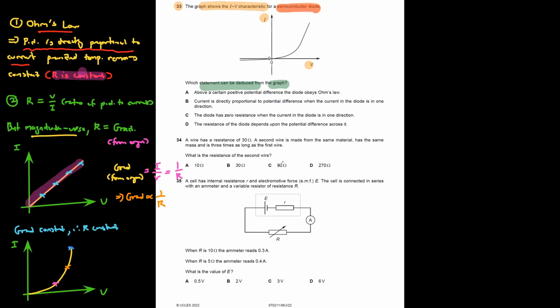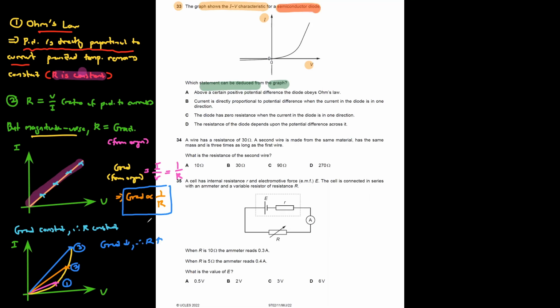Try to look at the gradient from the origin to those specific points. For the pink colored point, it was this. For the orange colored point, it was this. And for the blue colored point, it is this. Because I know that gradient from origin is inversely proportional to R, you can see that as I go from point 1 to point 2 to point 3, my gradient is decreasing. Therefore, my resistance is increasing. This is how I would look at how my resistance varies from an IV graph.